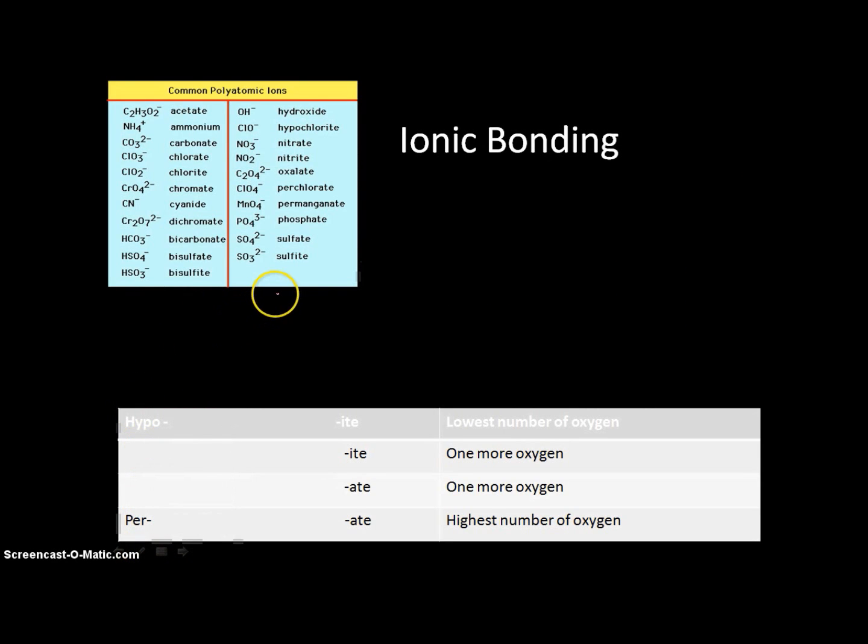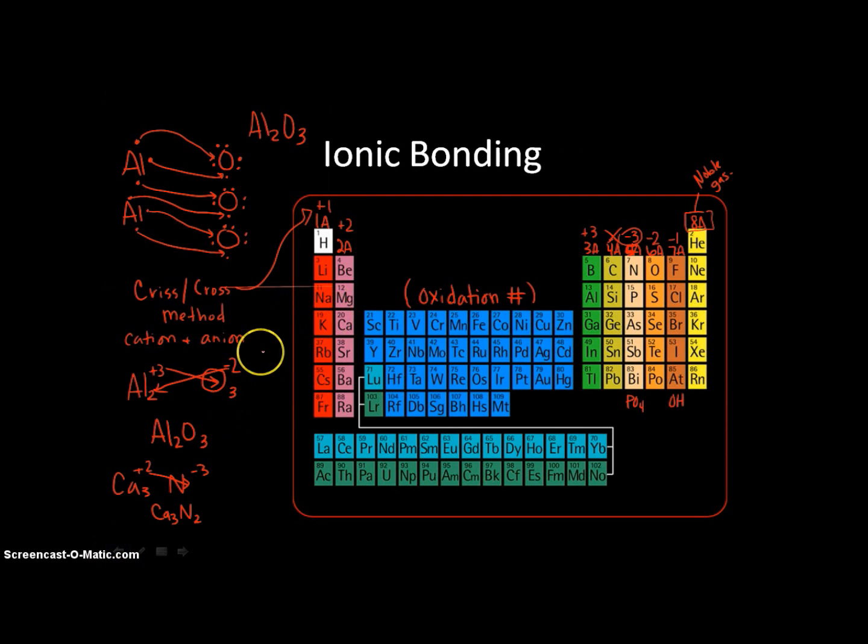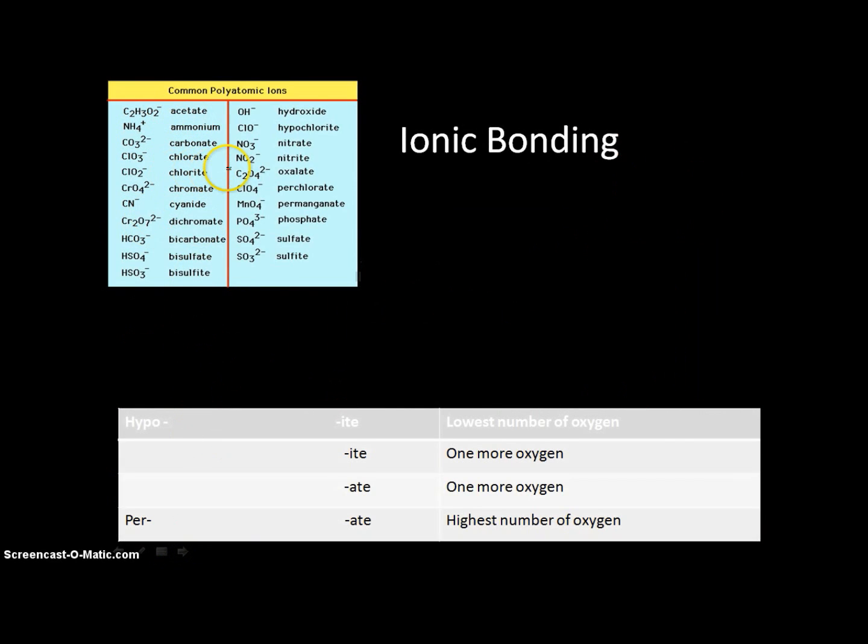There is another type of ion called the polyatomic ion. And the polyatomic ion acts just like the ions that we talked about in the last slide. In fact, these ions that we are writing out here and the ones that we are labeling are called monoatomic ions, because mono meaning one. And these are called polyatomic ions.